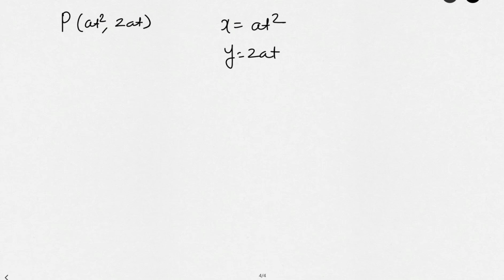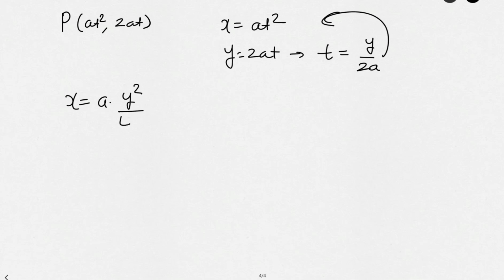How to eliminate? Just get the value of t in terms of y over 2a and put it here, and we are done. X is a times t square means y square over 4a square. A cancels out, not fully, one power will be cancelled, so y square is 4ax.